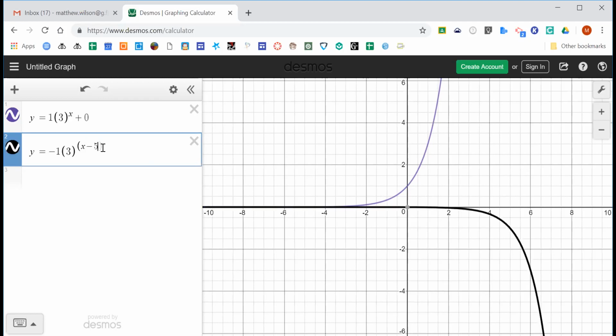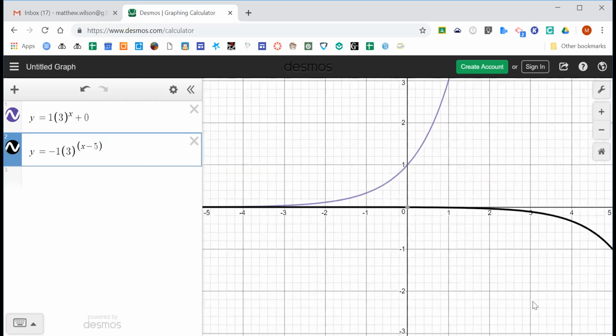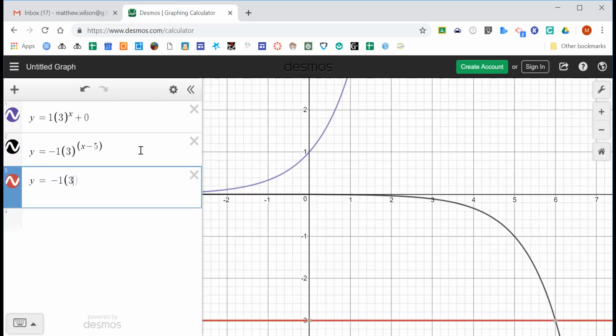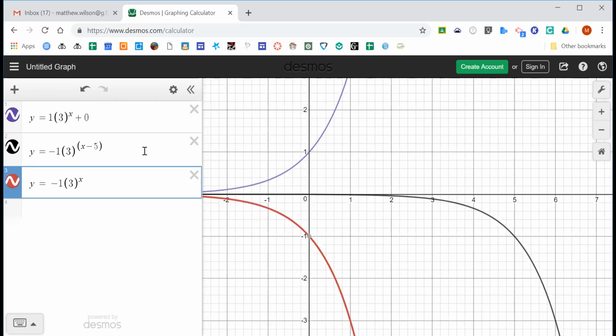That does shift the value, and of course this scale is not even, so if I zoom in, you'll see what happens when I shift it. So I wanted to move it 5 to the right.